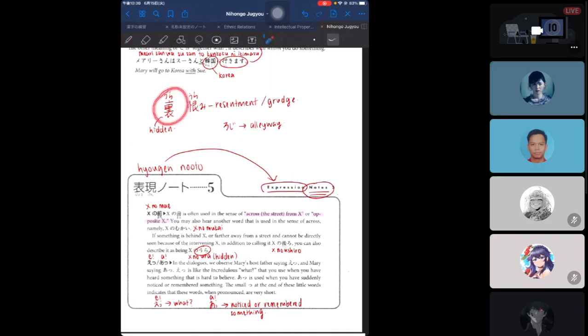So it means a hidden alleyway, something really at the back of the shop or at a street that you can't usually go to simply. With any sort of alleyway, the first thing we think about is that we can't see it. It's a secretive place. So, uraroji.